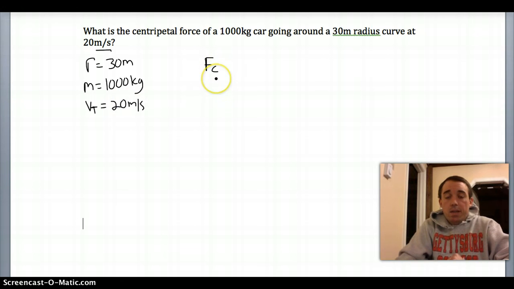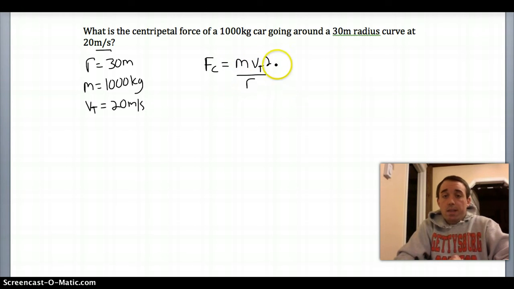You look at the notes you just took and realize that centripetal force is m v sub t squared over the radius, which is 1,000 times 20 squared over 30.